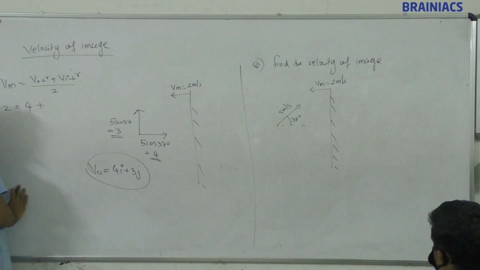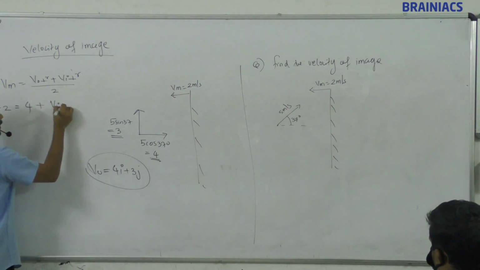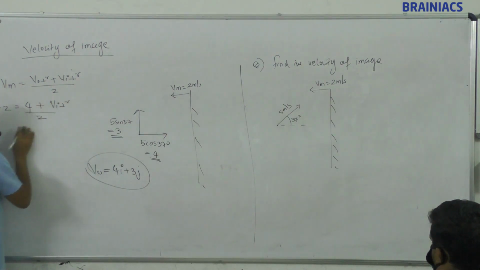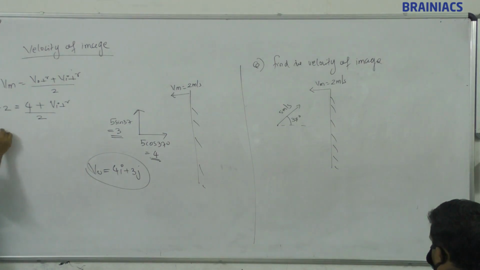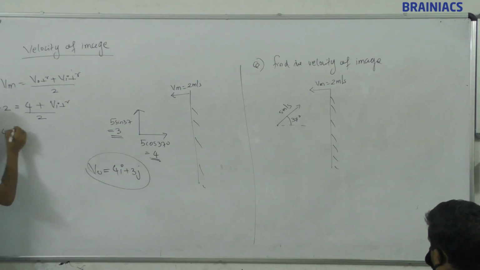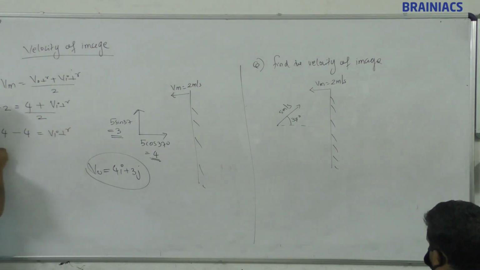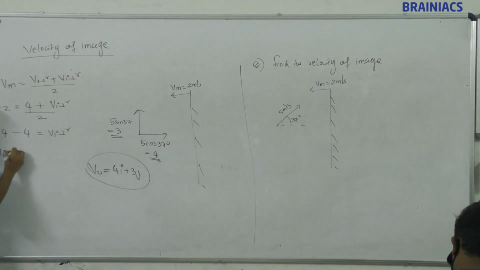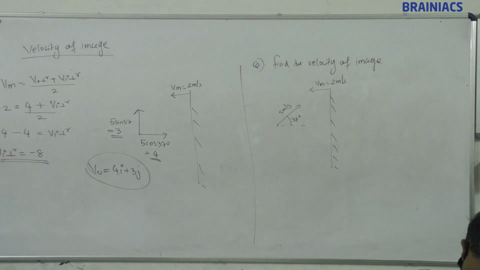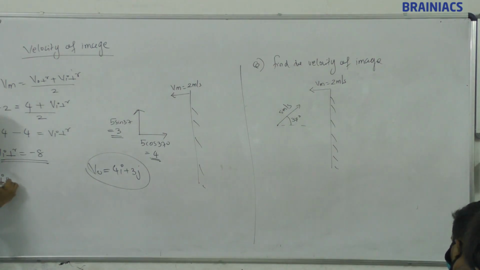What is the image perpendicular? Perpendicular divided by 2. So how much will come? -4 equals VI perpendicular over 2. So VI perpendicular is -8.